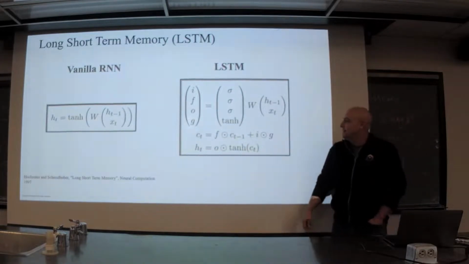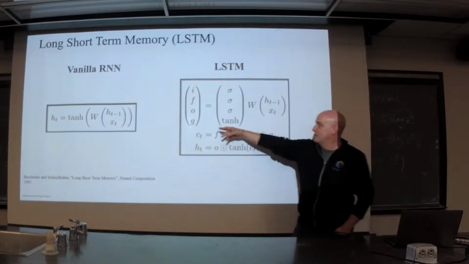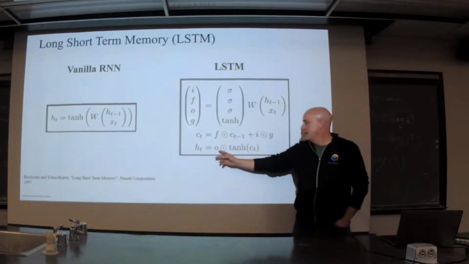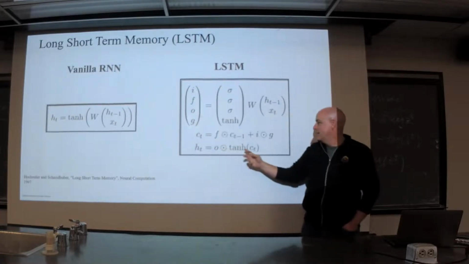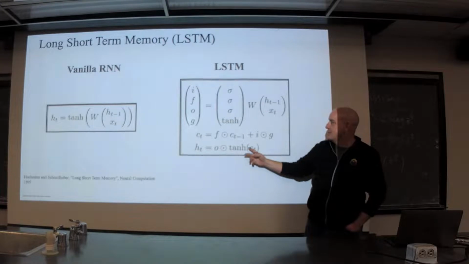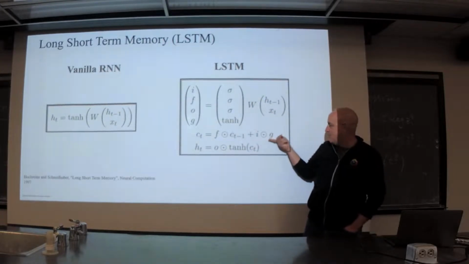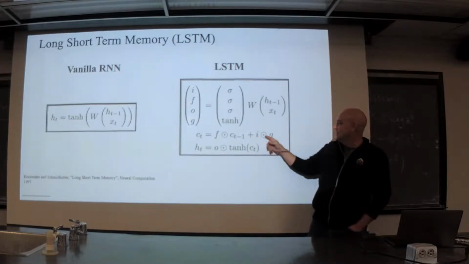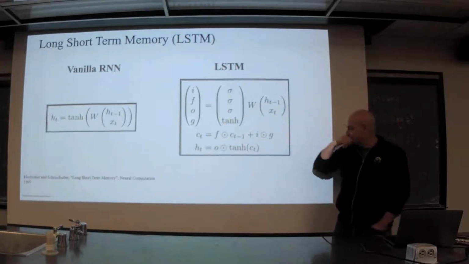And how do we get to H_t? Well, you notice it didn't show up over here at all. Well, H_t is going to be whatever this O thing is right here, times tanh, not tanh of this right here like it is over there, it's tanh of C_t. Well, what is C_t? It's this thing right here, which is this I times G. By the way, this is entry-wise multiplication, so that's what that symbol means.